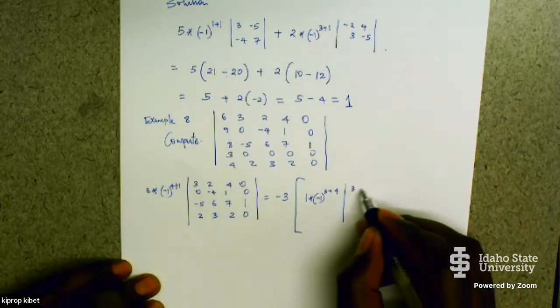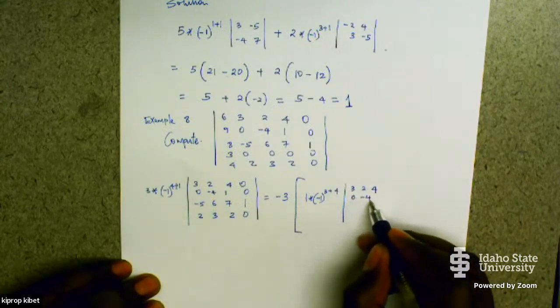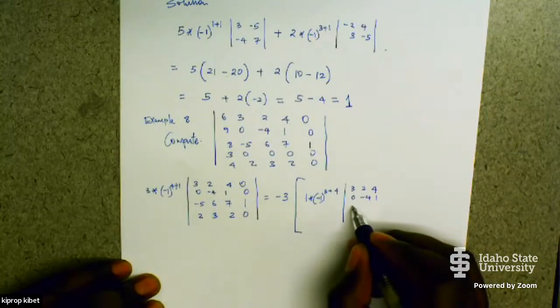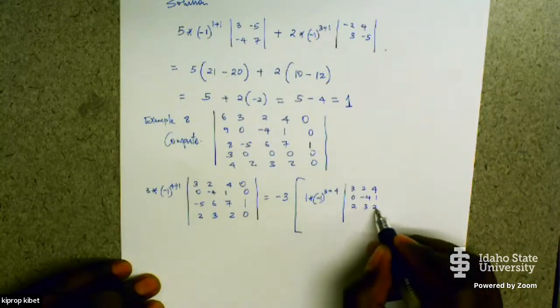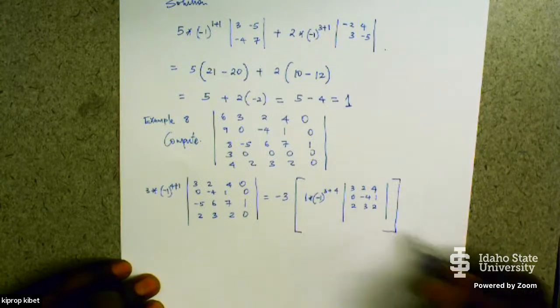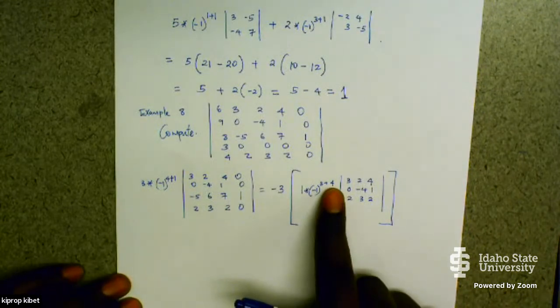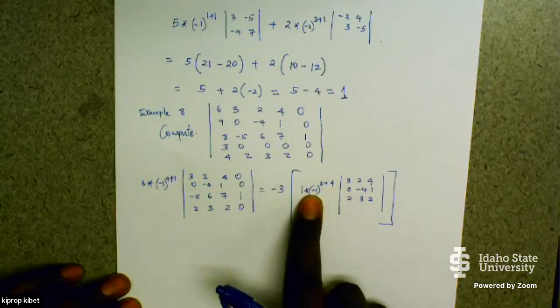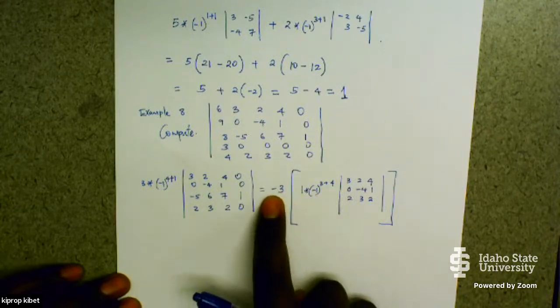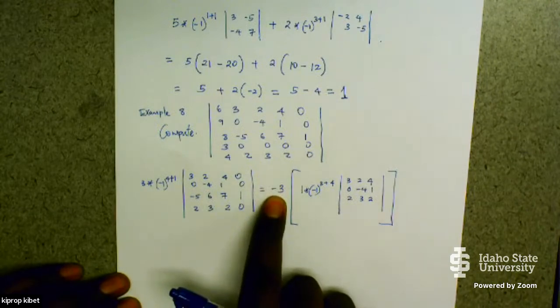So 3, 2, 4, 0, -4, 1, and 2, 3, 2. So it's like that. The sign is negative, right? So it will cancel with this negative here, so this becomes positive.